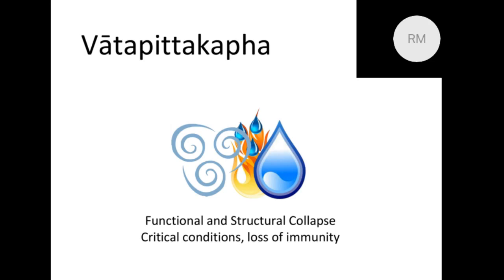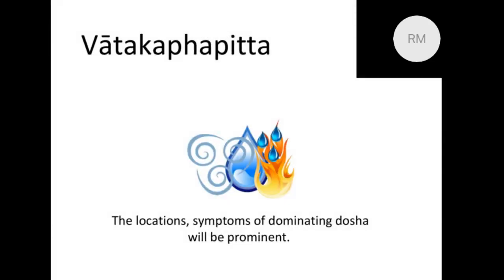So here we have Vātakaphapitta, which means Vata is dominating more, and then Kapha, and then Pitta. The Tridoshas also we will get in various combinations. When there is a Tridosha imbalance, we need to see which one is more dominating than the other.